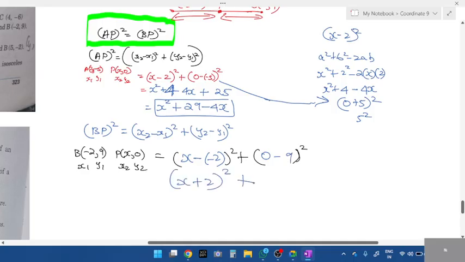Which formula should I use: a plus b the whole square or a minus b?